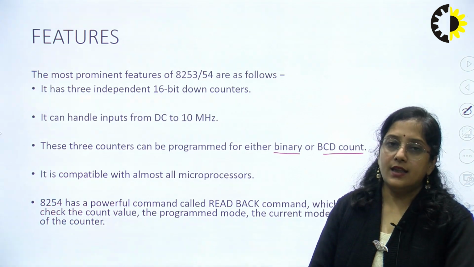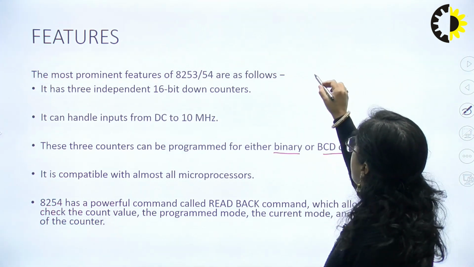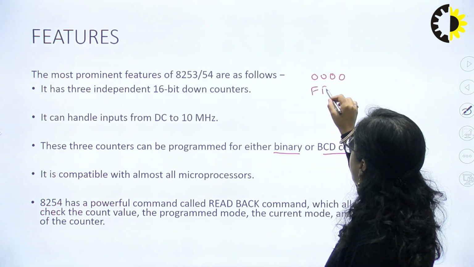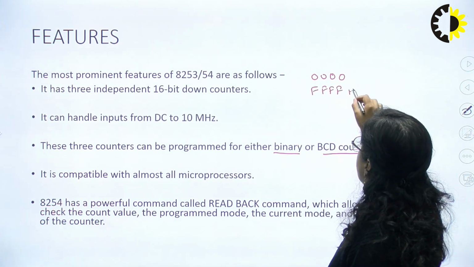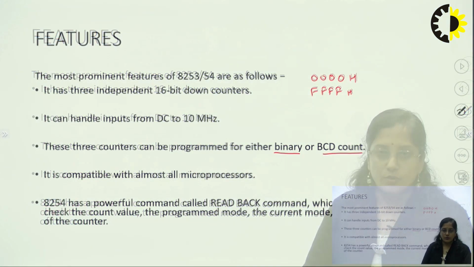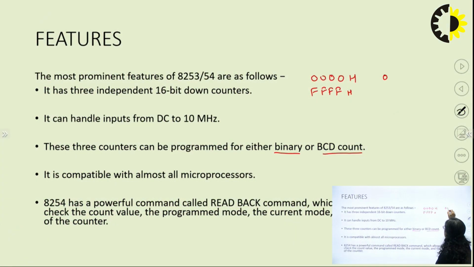When we say binary counter, the count will be in sequence from 0000 (4 bits, a nibble) up to FFFF, in hexadecimal, which is the binary counting. But when we say BCD counting, the counting starts from 0 and goes up to 9999 in binary coded decimal.